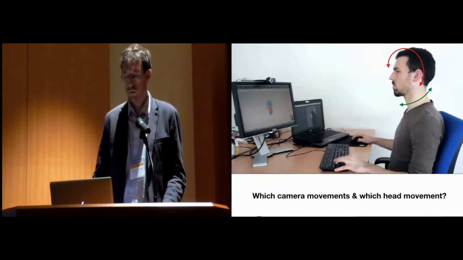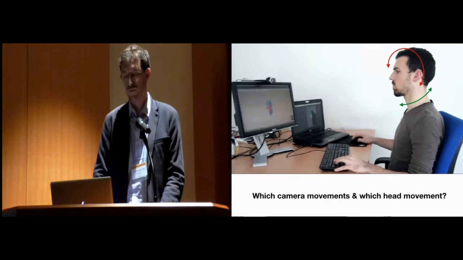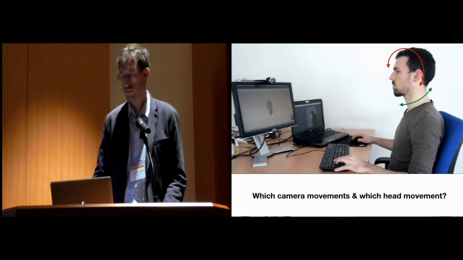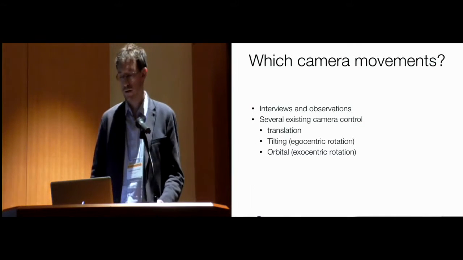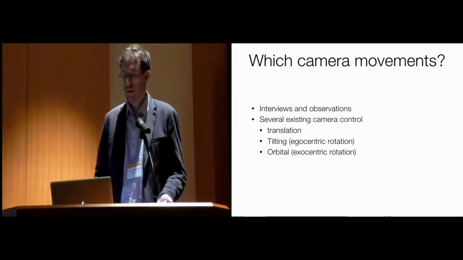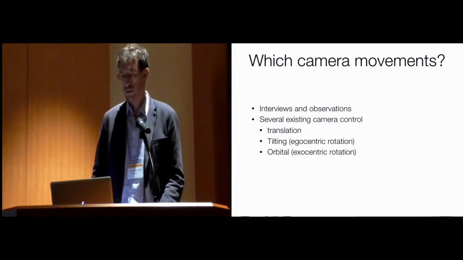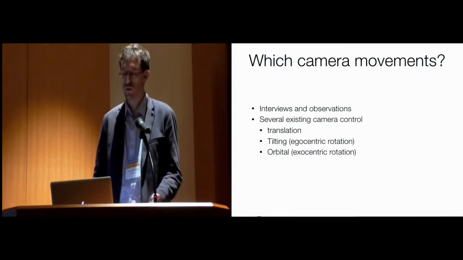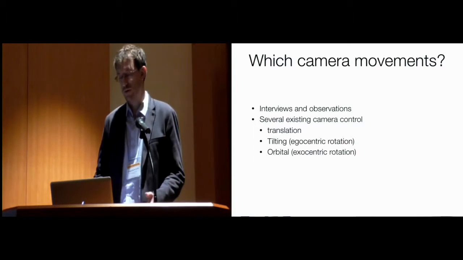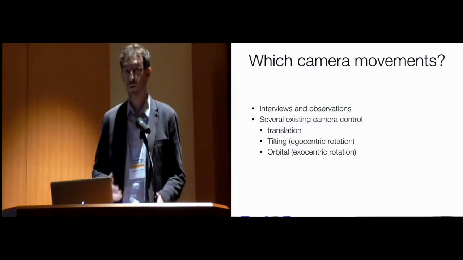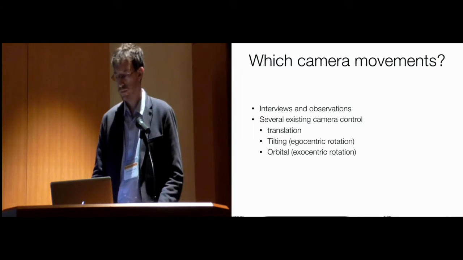So which camera movement is adapted to have a preview of the whole 3D scene, and which head movement should we use to control this camera? We conducted interviews and had a few observations. There are several existing camera controls: translation, and two types of rotation, egocentric rotation, where the camera rotates on itself, and exocentric rotation, where the camera rotates around a certain point in the scene which is not its own center.